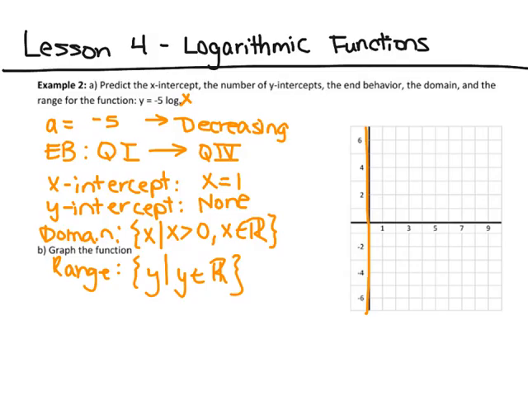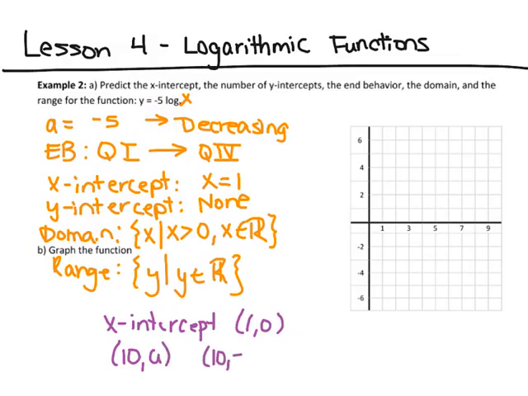So we're going to graph this function, and what we need to remember is that the x-intercept is a point at 1, 0, and also it will go through the point 10 and a, which is 10 and negative 5. At x equals 1 is a point, which means that it's a decreasing function, so it'll start infinitely high.